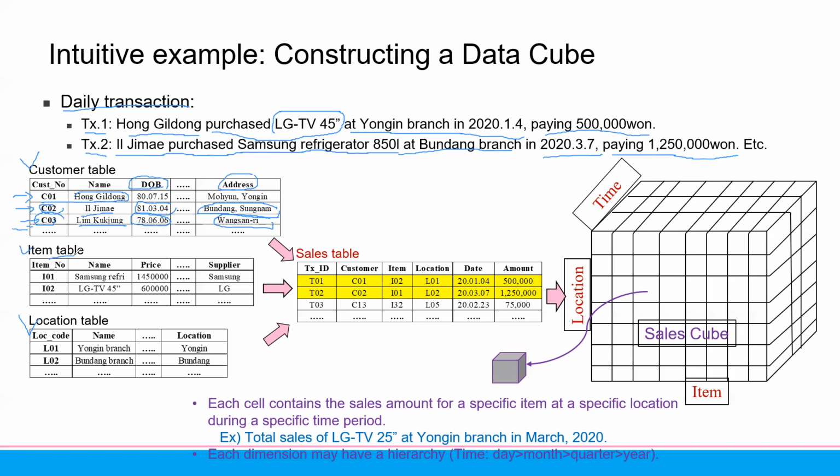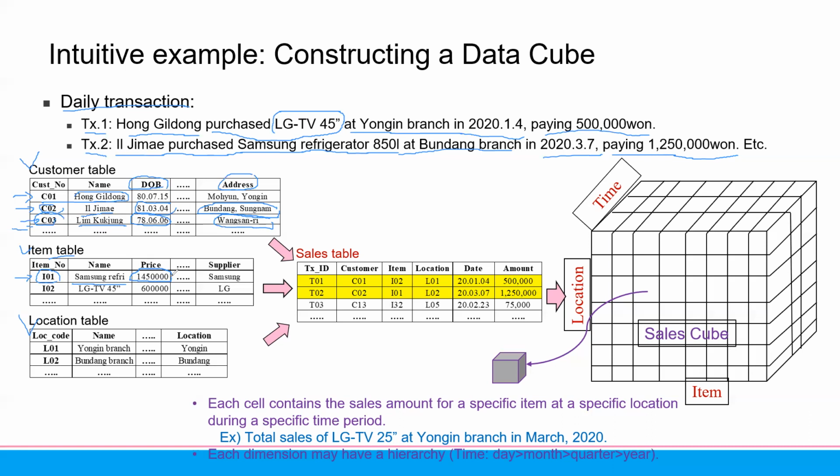The item table is the item or the product name. We have item number I01, and then the name is Samsung refrigerator, and this is the price. Yeah, this is the original price.